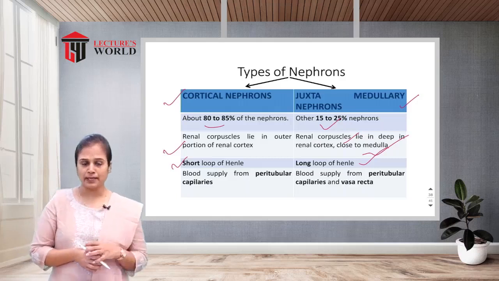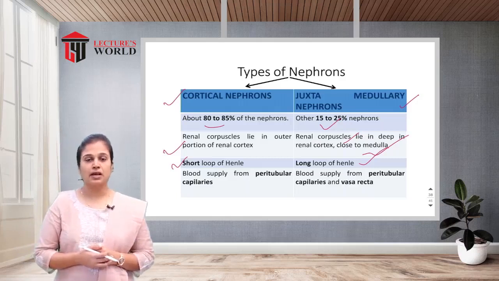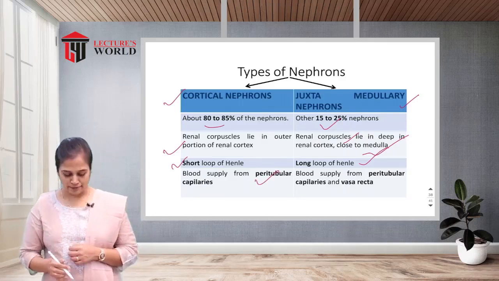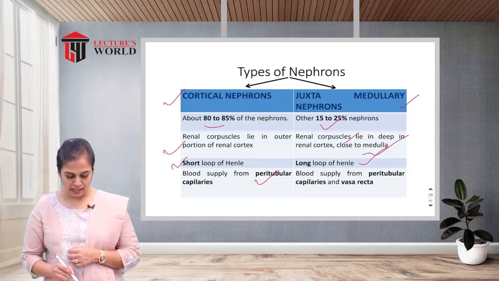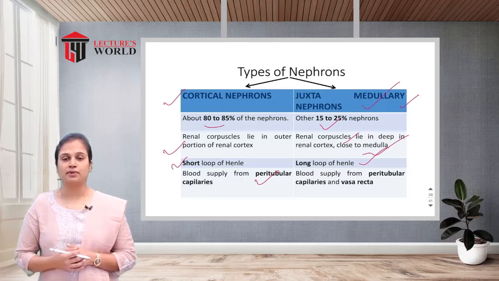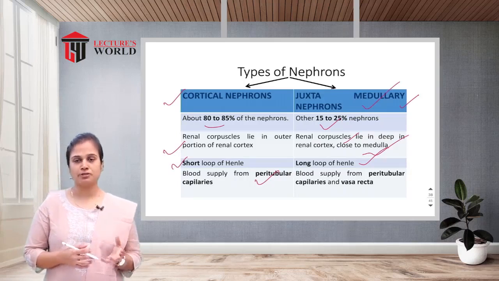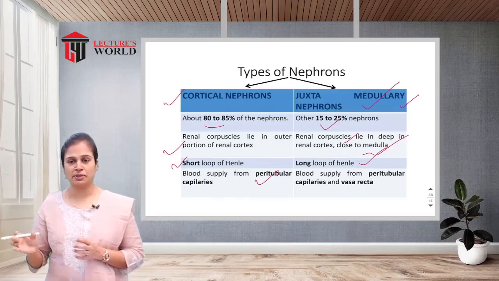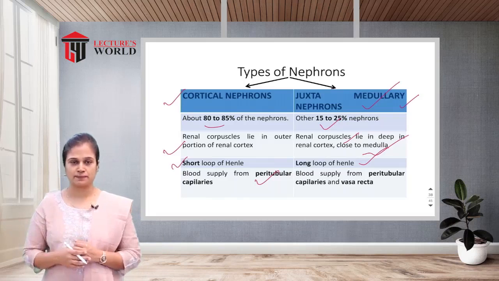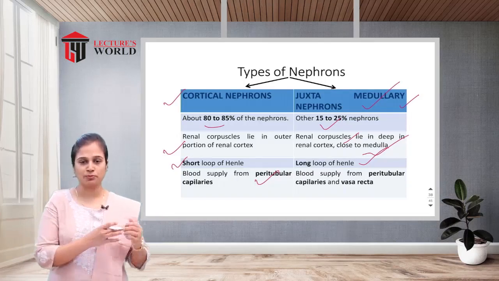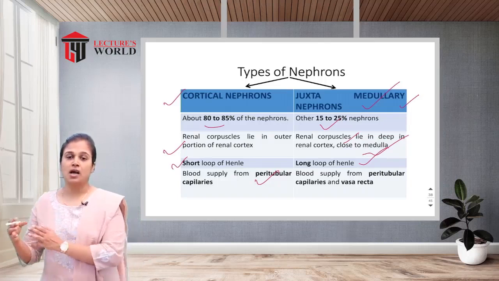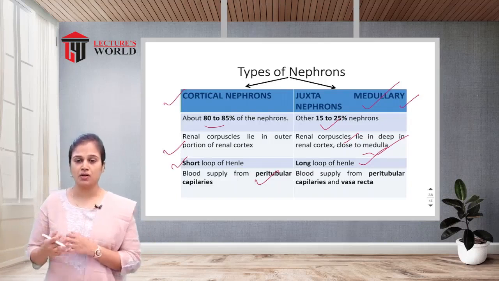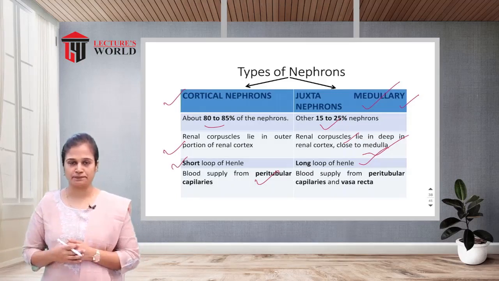Talking about the blood supply, cortical nephrons receive blood from the peritubular capillaries, and the vasa recta supplies the juxtamedullary nephrons. So to summarize, cortical nephrons are 80 to 85%, whereas juxtamedullary nephrons are 15 to 25%. Cortical nephrons lie in the outer portion of the renal cortex, whereas the juxtamedullary renal corpuscle lies deep in the renal cortex, close to the medulla.